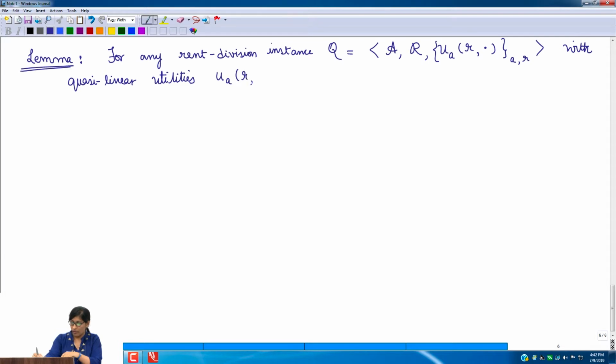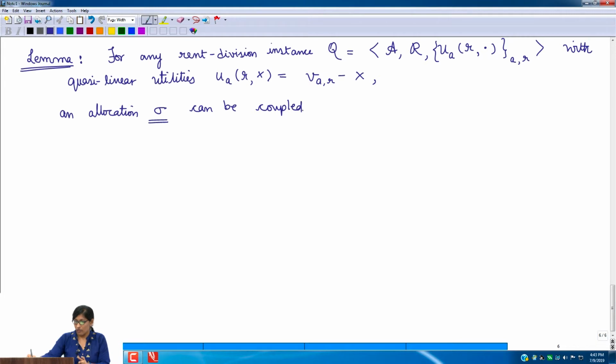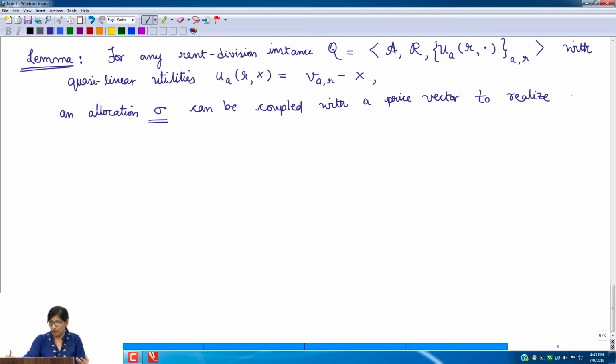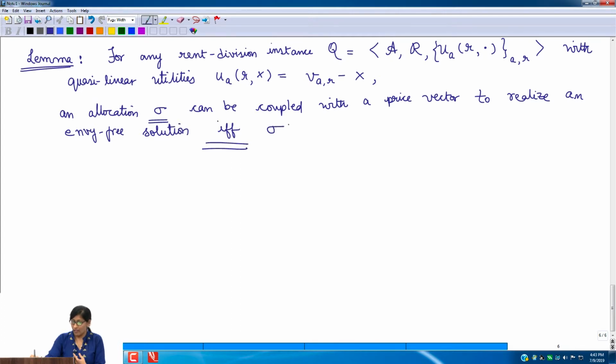So the lemma says that for such a rent division instance with quasi-linear utility model, an allocation sigma can be coupled with a price vector to realize an envy-free solution if and only if sigma is a maximum weight perfect matching in the valuation graph.